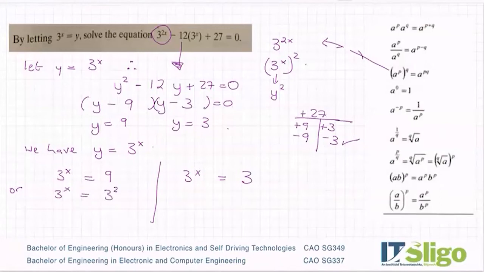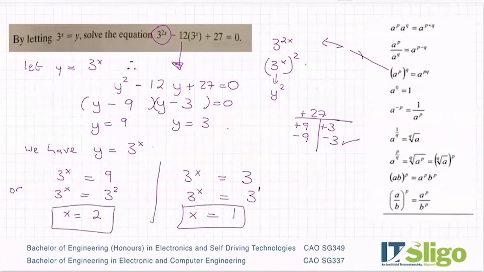I'm just doing it this way because it's easy for this particular case. Just like last week, the base number is now the same, so we can let the powers equal each other. In this one, I could write 3 to the power of x as 3 to the power of 1, and therefore x is equal to 1. So there's your two solutions, and of course you could have used logs, no problem at all.